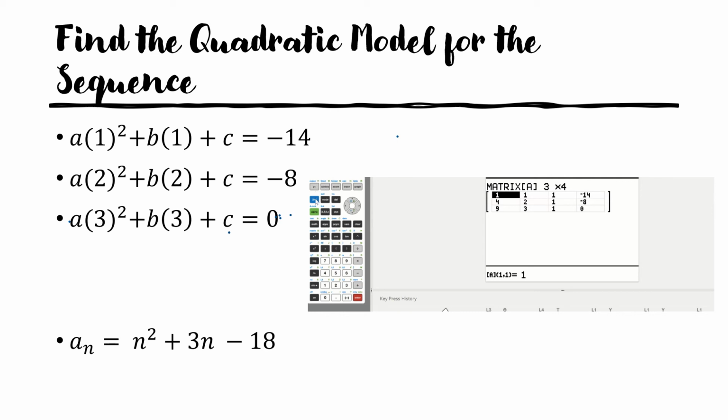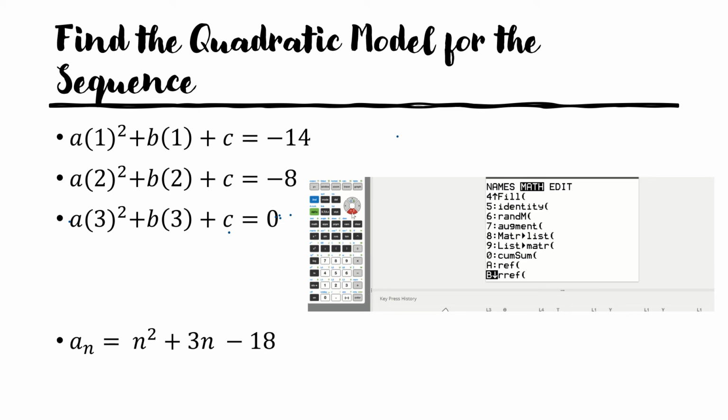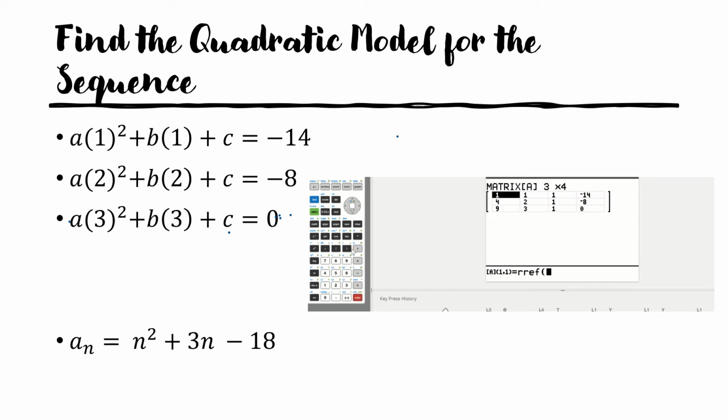So let's see, I'm going to hit second matrix. I'm going to math. I'm going to scroll down till I get to reduced row echelon form for this matrix A, which is B. I'm going to choose that. Oh, I didn't want to do that. Let's clear that. I wanted to quit that matrix. Sorry about that. Then go second matrix. I do that all the time.